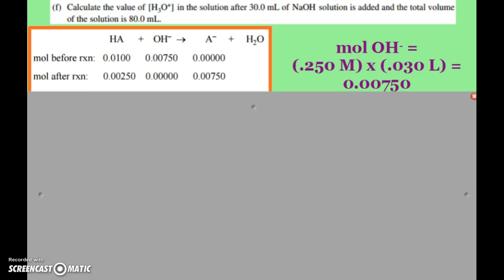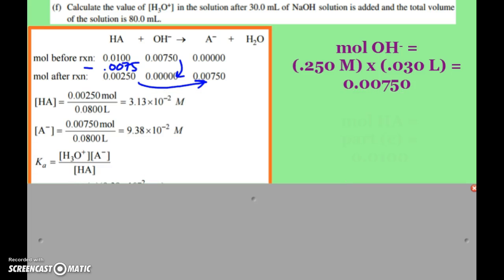So only adding 30, all of the hydroxide is going to be gone because it's been neutralizing. And that amount can be subtracted from our initial acid. So we subtract the 0.0075. And then that same amount has all been changed over into our conjugate base. So that's where those numbers are coming from.